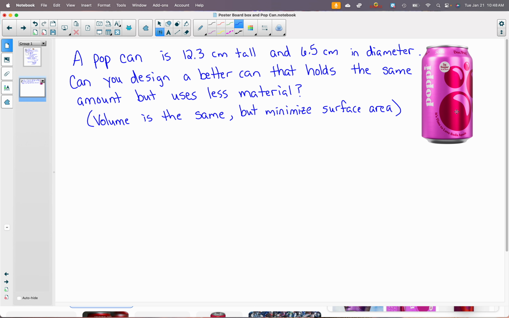So let's see if we can come up with something that would still hold the same amount. So you have to think about what that means. The volume, I told you right here, is the same, but we're going to minimize the surface area. So that means you're going to have to know the volume formula and the surface area formula. So we can find the volume of the existing can.